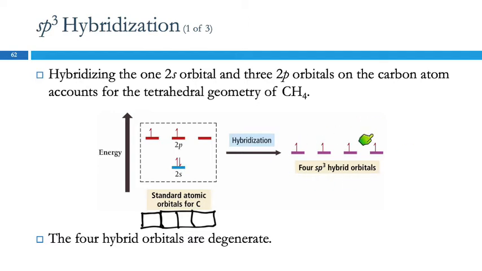So the 4 beds now all have the same cost, and the energy of that is between the higher-priced p room and the lower-priced s room. Does that make sense?